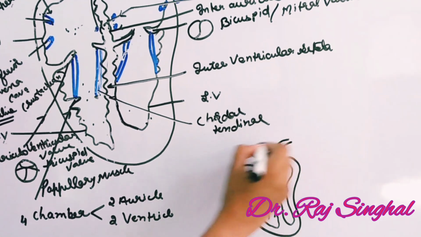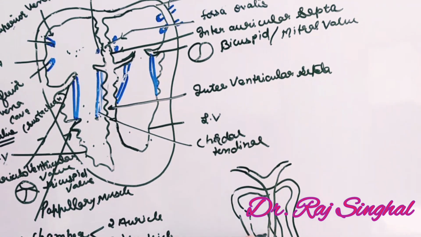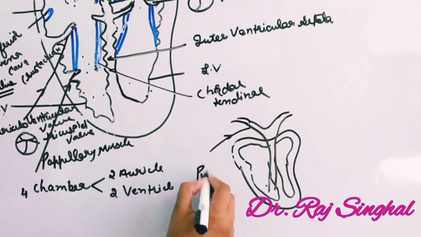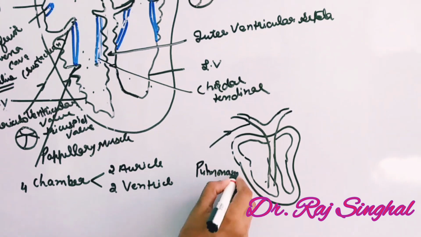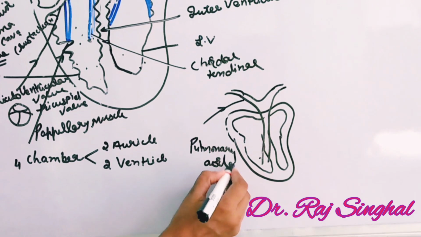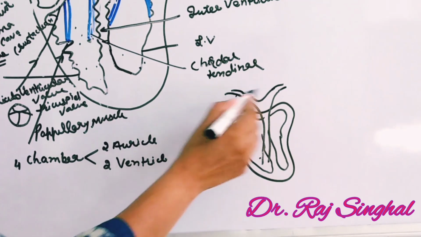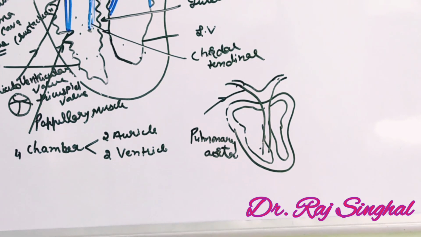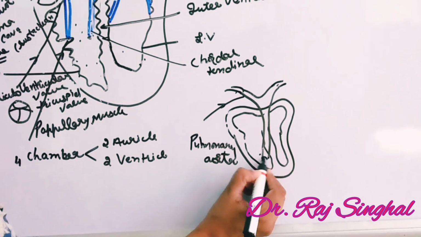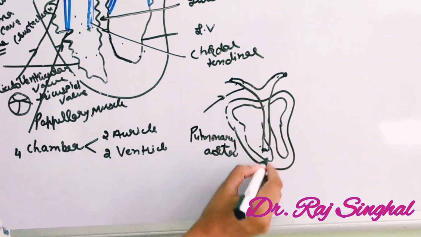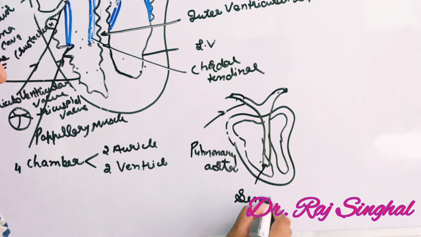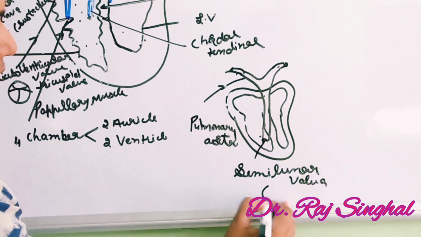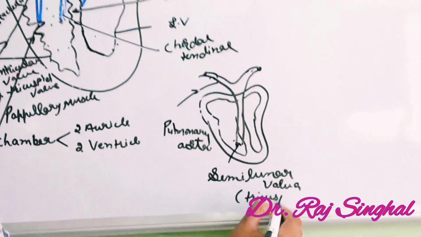This is the pulmonary aorta arising from the right ventricle. On reaching the top, it divides in two parts which move to each side of the lung. It is provided with valves, and these valves are known as semilunar valves. These valves are also tricuspid valves.